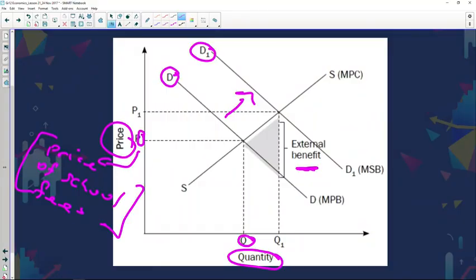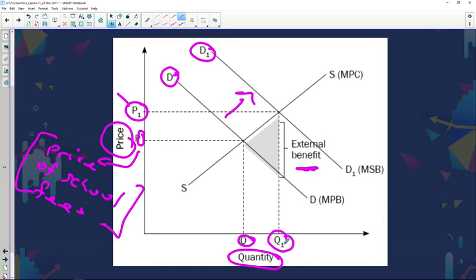Okay, so P was our original price and Q was our original quantity. But we are saying that if people see the social benefit, then there is going to be a shift. So we're going to have our price set at P1 and our quantity set at Q1, because the people see the benefit. They acknowledge the social benefit of an education system.